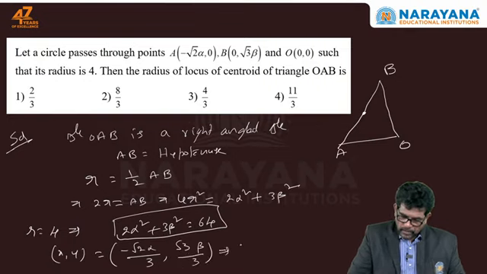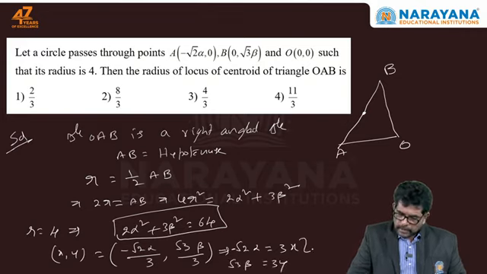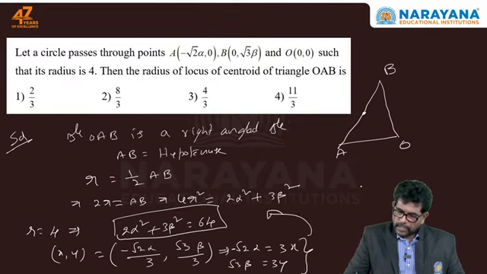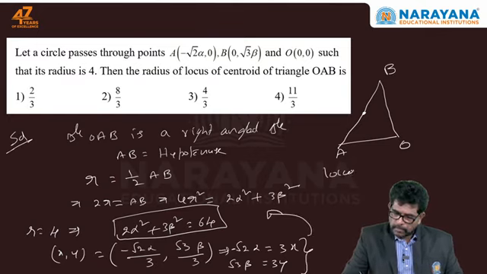Now from this we get root 2 alpha is equal to 3x, and root 3 beta is equal to 3y. Substitute these two in the above equation, we get the locus.